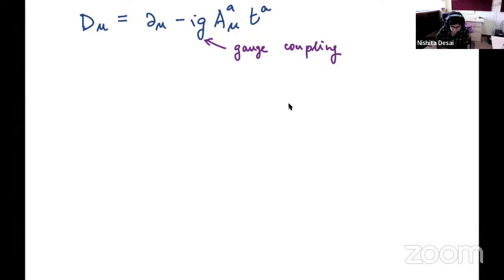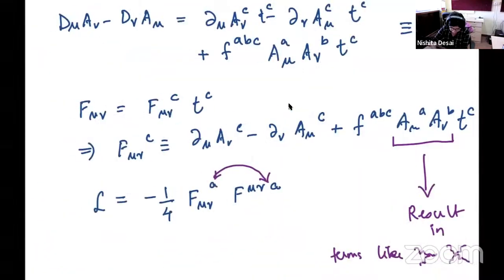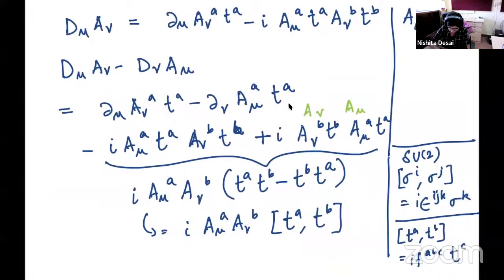Okay, so you remember we write the derivative like this, and if we calculate our F_mu_nu using this formula, we just calculate the full F_mu_nu here. So let's just see what's going to happen. I'm going to write it with a different color. Okay. So if you had a g here, what that would mean is that every time you have this extra term, you would get a g. So you get a g here and a g here, which means you get a g here and a g here.